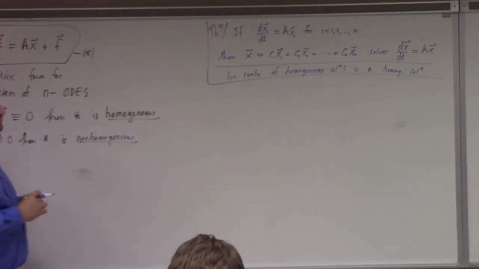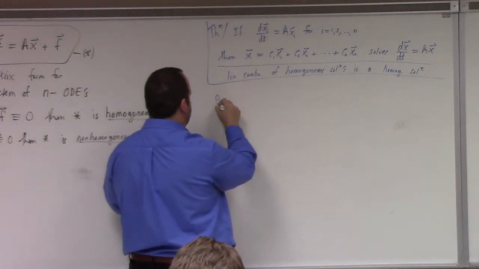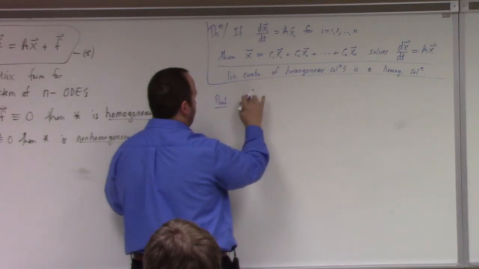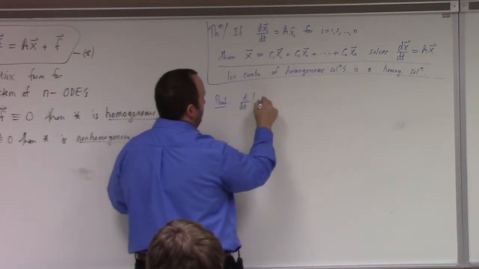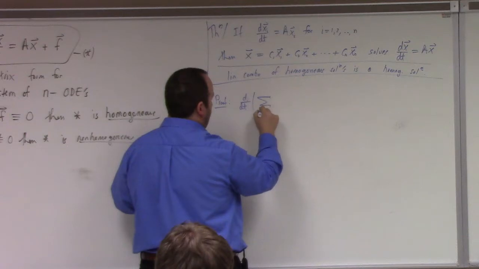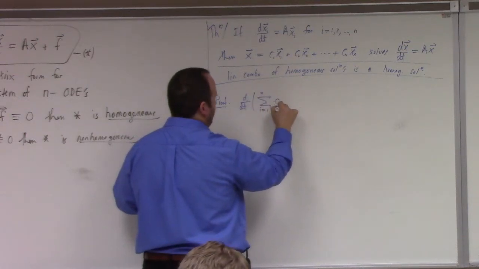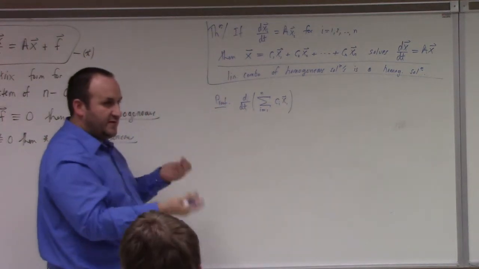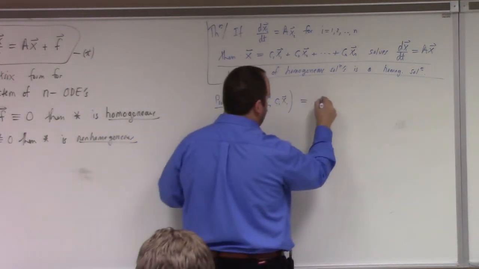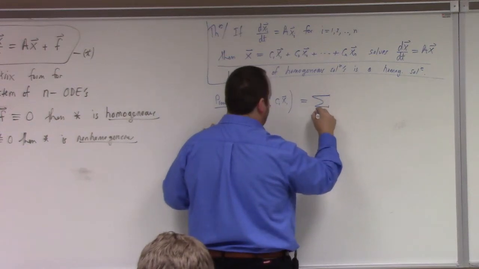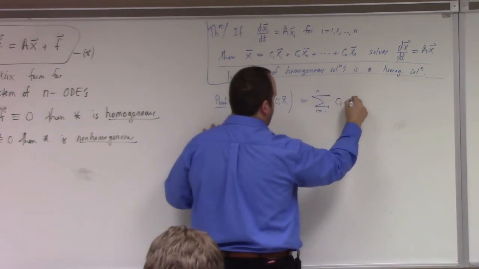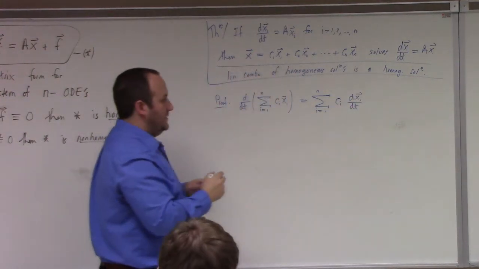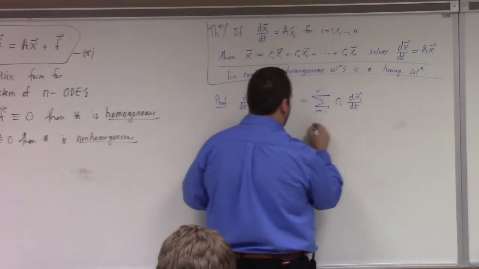Proof. We're supposed to take d dt of the sum, i equals 1 to n, of ci xi. So by properties of the derivative and finite sums, we can pull the sum out, and we can pull the constants out. And we've got dxi dt. But what is dxi dt?